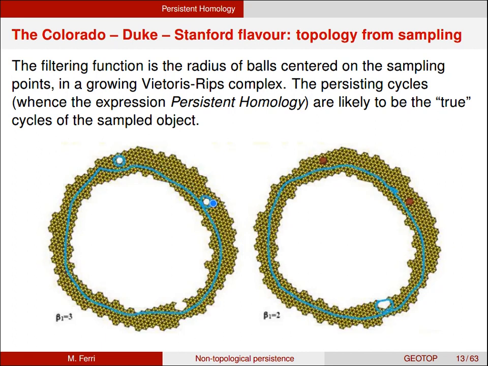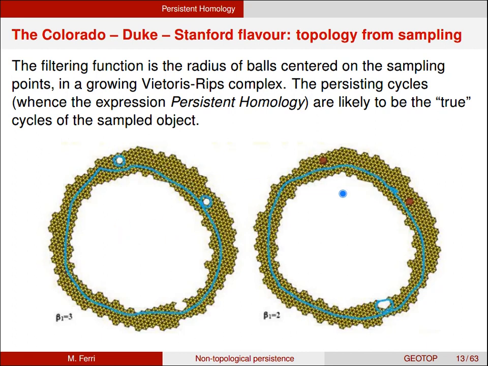If you don't want yet to use measures to say big or small, but you just trust the fact that you are growing these balls around the sampling points, you can say, okay, at this level of my growing the balls, I get 3 cycles, okay?